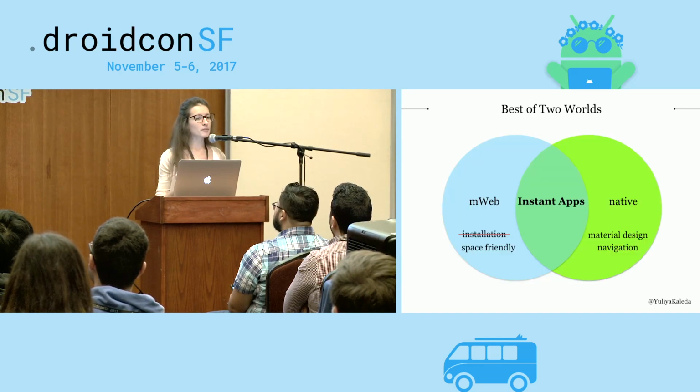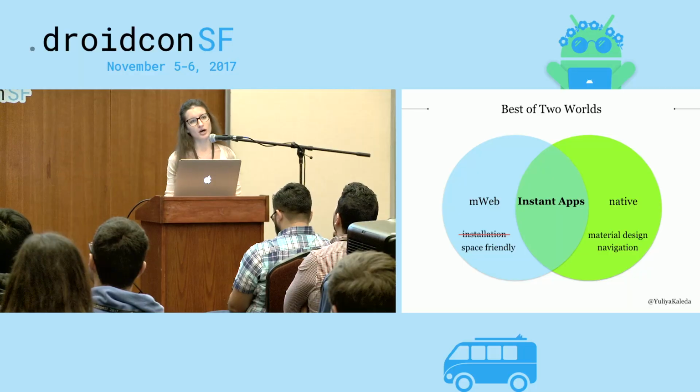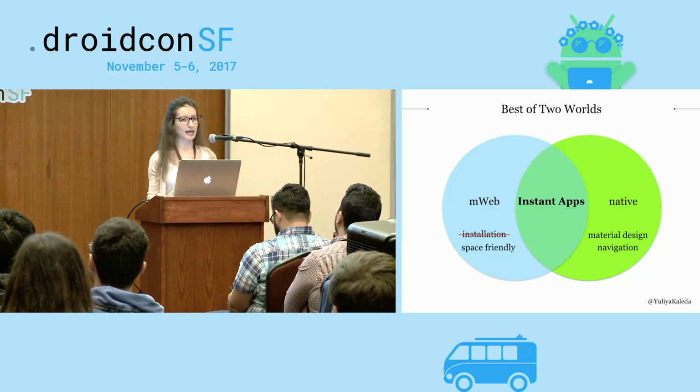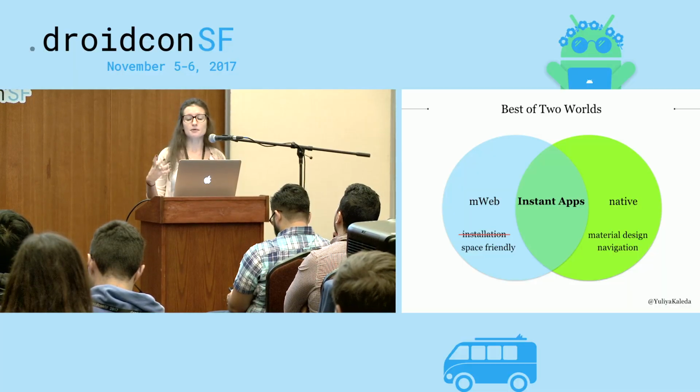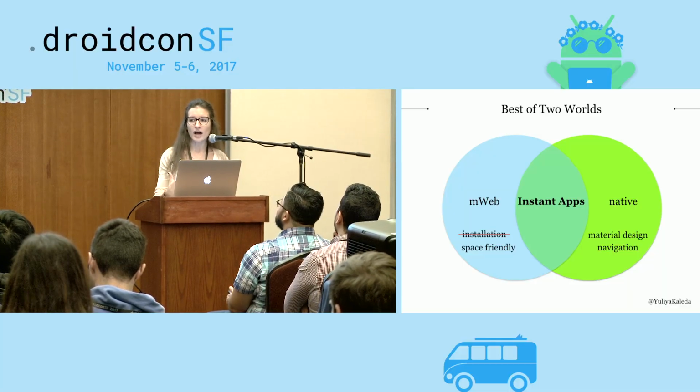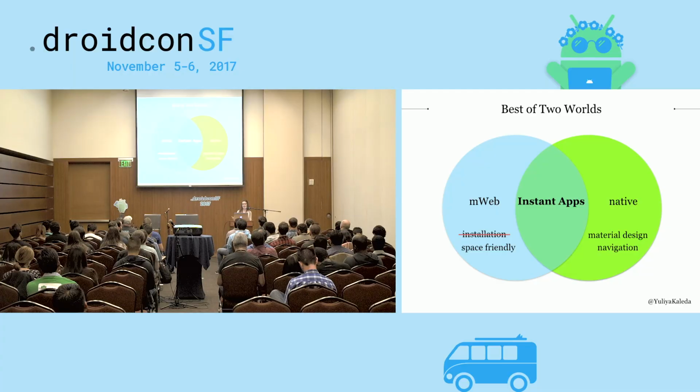When we think about Instant Apps, think of them as a new type of application that does not require installation and that absorbs the benefits of both worlds. It takes the best parts from the mobile web and the best features from native applications. Just to reiterate, the core of an Instant App is native.